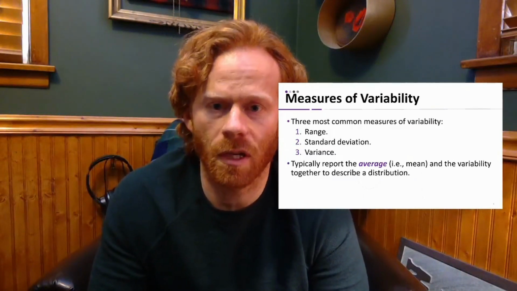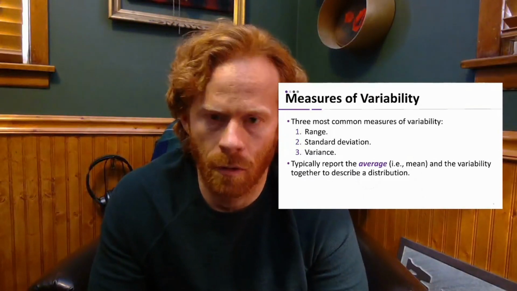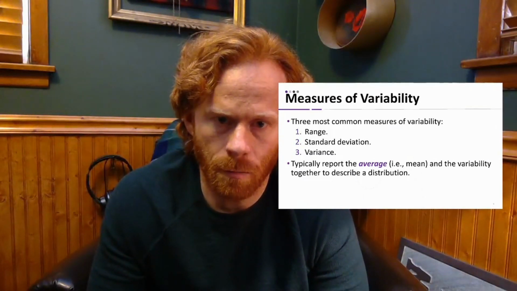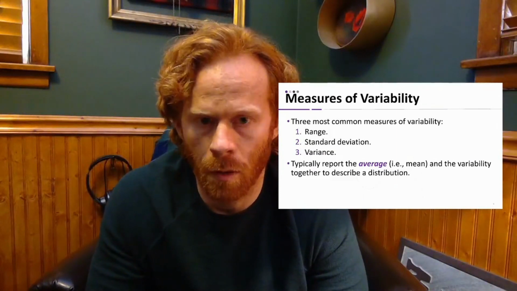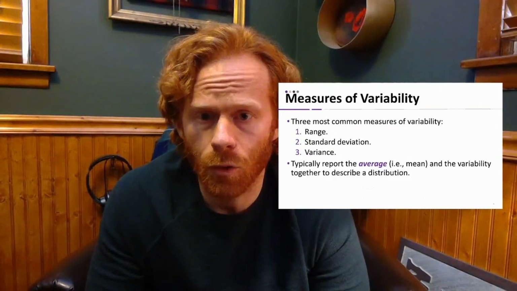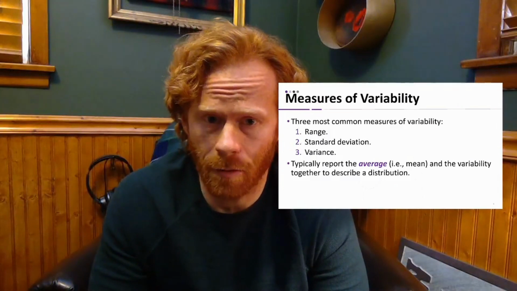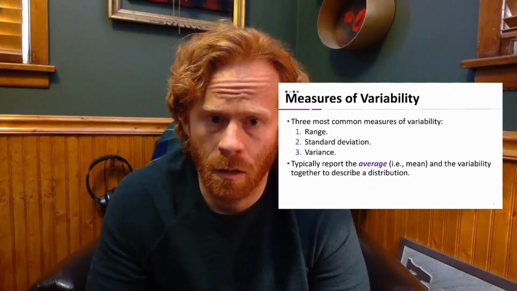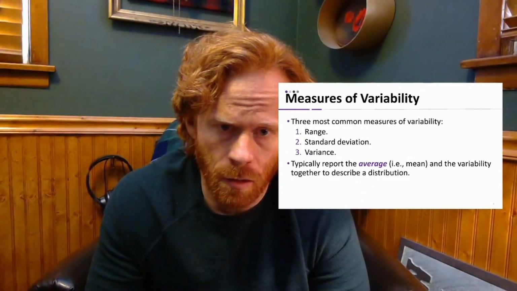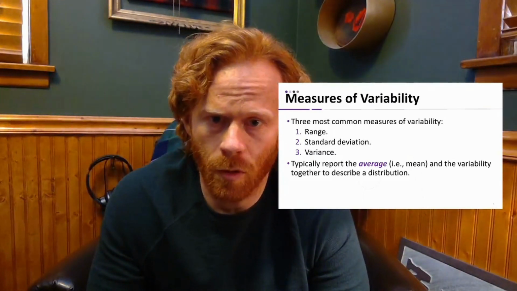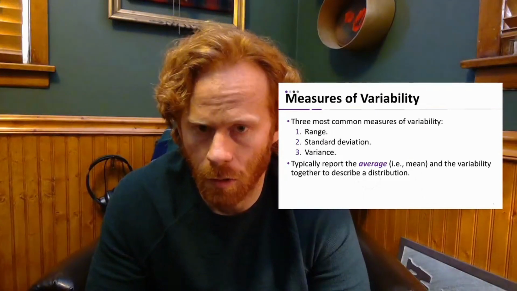But standard deviation is reported quite often in statistics, usually along with the mean. So we usually report these together. The mean, not always the mean, but usually the mean, and then the measure of variability, standard deviation usually.